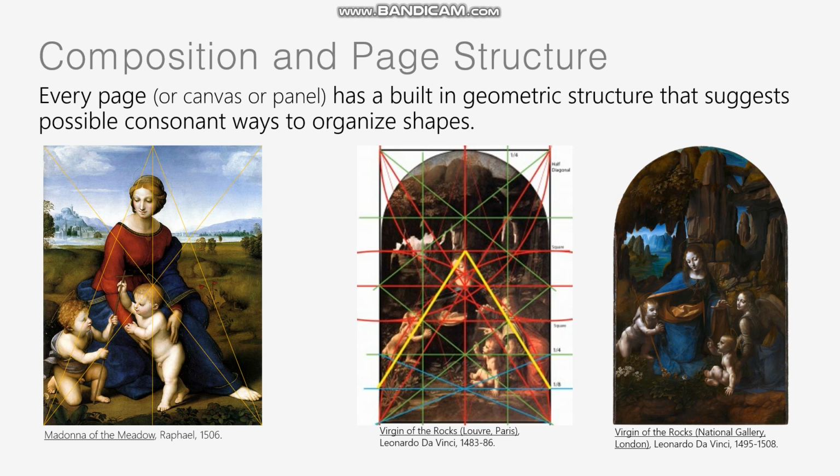There are certain things that artists can achieve by either lining things up with those lines and points of position and power, or by playing off of them, or staying away from them.